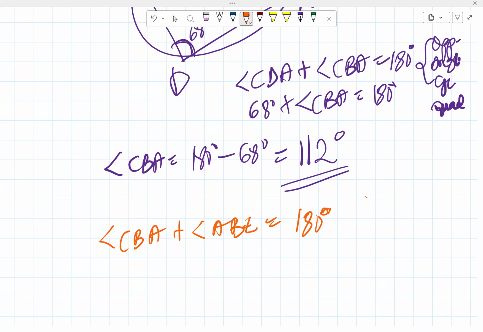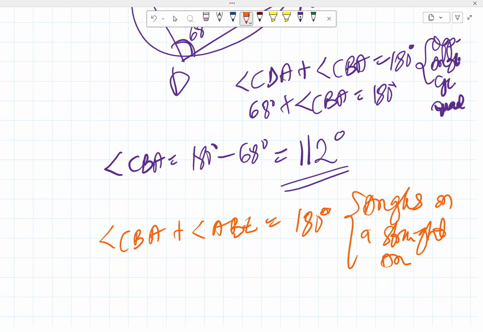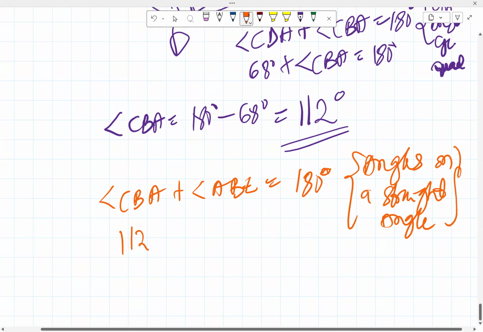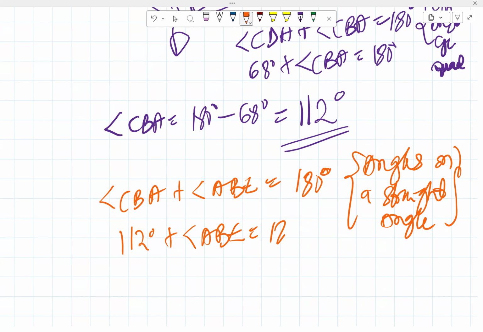The reason now is different: that's angles on a straight line, which add up to 180 degrees. So 112 degrees plus angle ABE, which is the exterior angle, is equal to 180 degrees. So angle ABE is simply 180 degrees minus 112 degrees, and the answer again is 68.